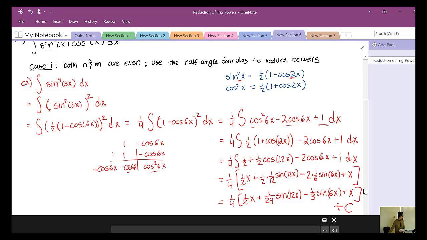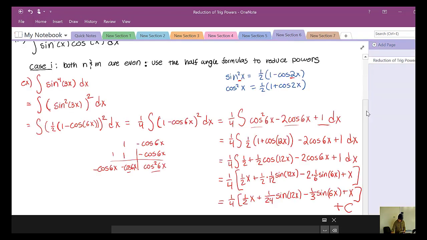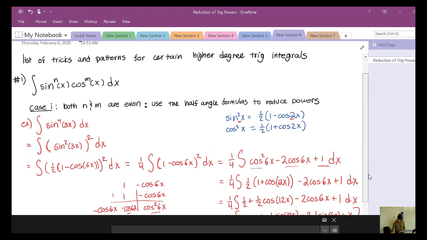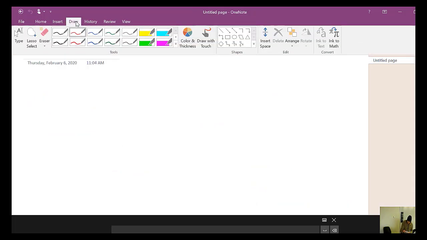Actually, let's keep it on the same slide, just because it's so much further down. Okay, different slide. We're just doing power reduction. We're just continuing it.